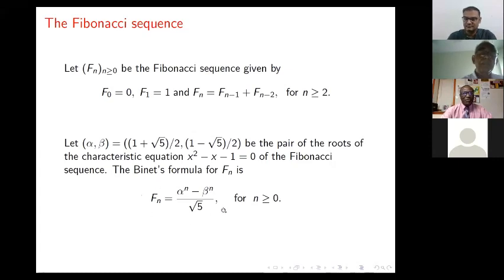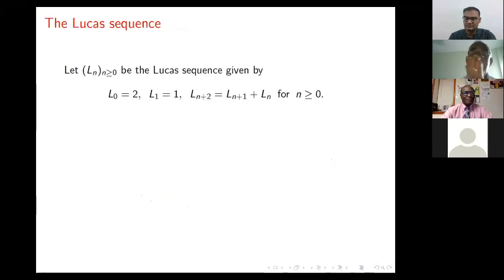So that is the first sequence I will talk about. The next is closely related to Fibonacci numbers, and that is the Lucas sequence. They are defined similarly, except that the initial terms are different, L0 equal to 2 and L1 equal to 1.